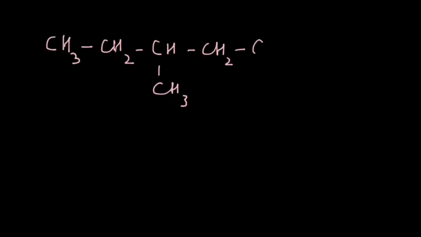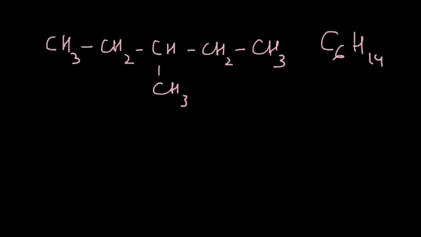We have CH3CH2CH(CH3)CH2CH3. This compound contains 6 carbon atoms and 14 hydrogen atoms. So this is one of the isomers of hexane.